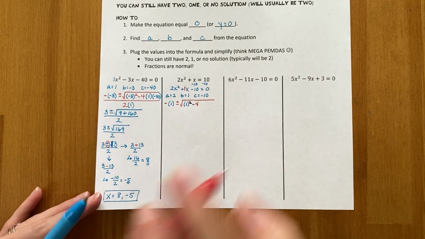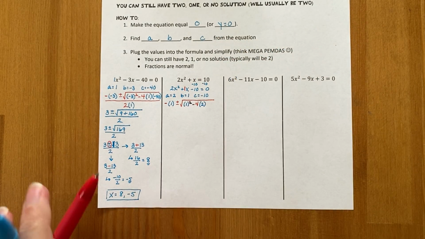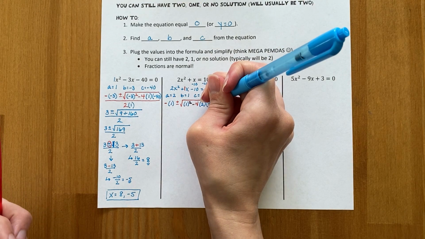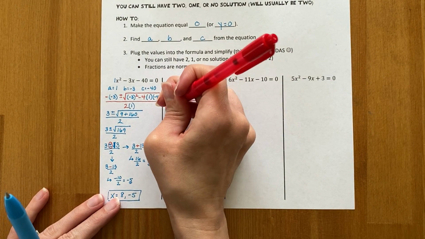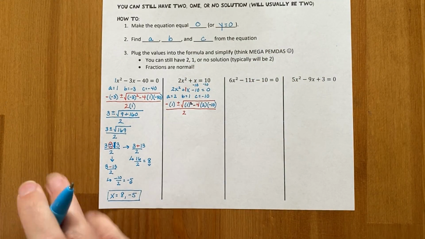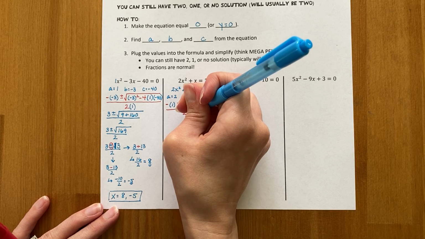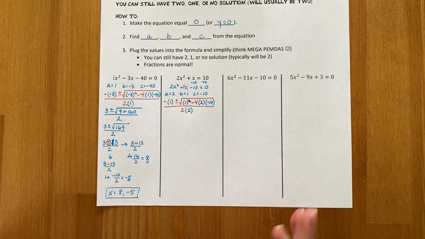Minus 4 times a times c, all over 2a. Okay, looks like that. All right, so we're ready to start simplifying.